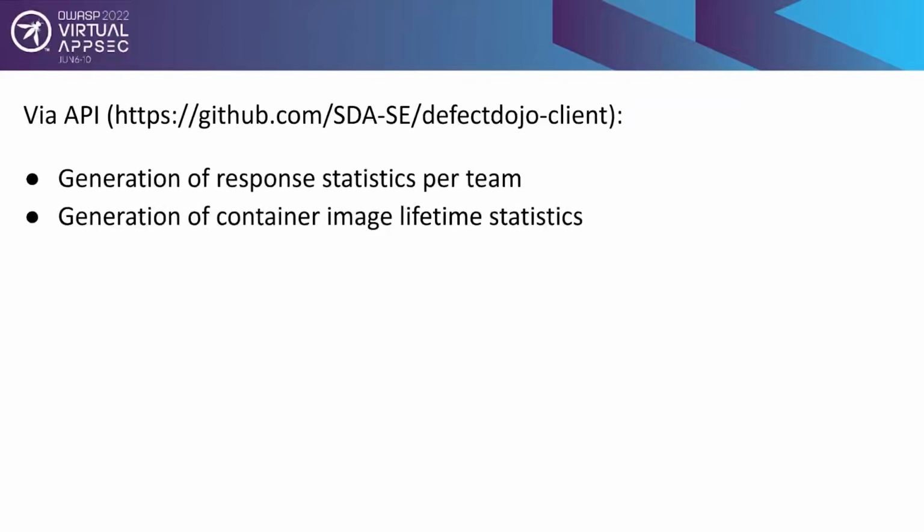So it's important to know, are the teams reacting in the way I want them to? For example, the policy might state that critical findings need to be tackled within a day or two. So you can generate statistics and see if that matches or not, and then maybe adjust the policy or help the teams to actually comply with the policy.